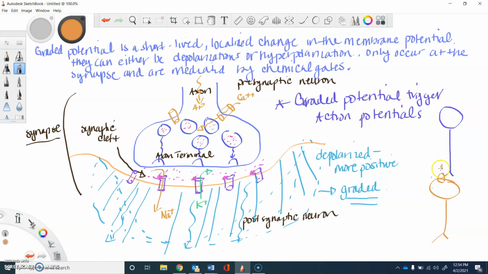They're going to have synapses here, and they're going to create graded potentials along the cell body of this neuron. And those graded potentials are going to move down towards the axon hillock of this neuron. If those graded potentials are high enough, or if that graded potential is strong enough, it will trigger an action potential down this neuron. So that is the purpose of the graded potential. So let's talk a little bit about action potentials.